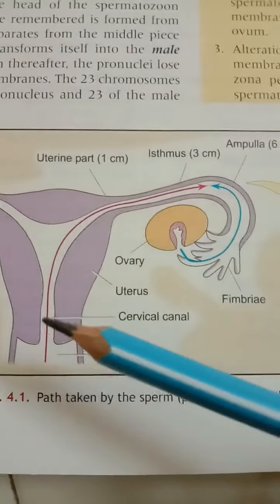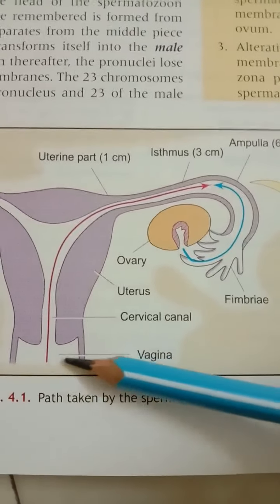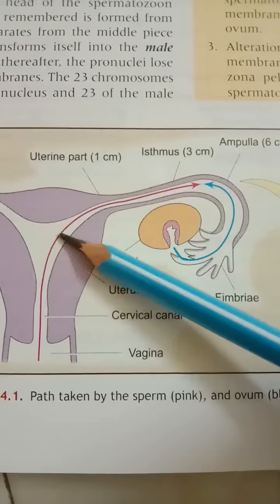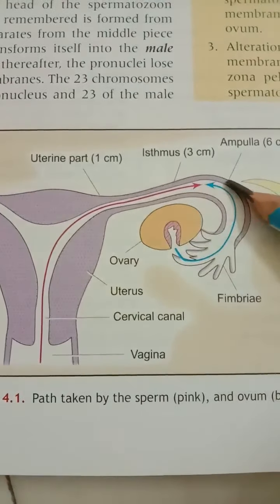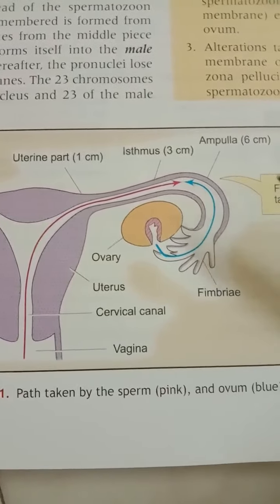So during this time, if intercourse occurs, the spermatozoa from the vagina enter the uterus, and through the uterus they enter the fallopian tube, and the spermatozoa may fertilize the ovum.